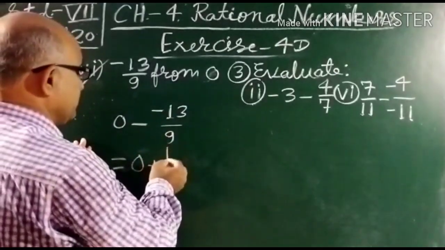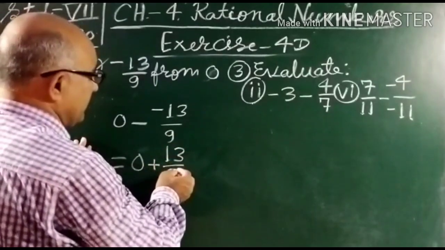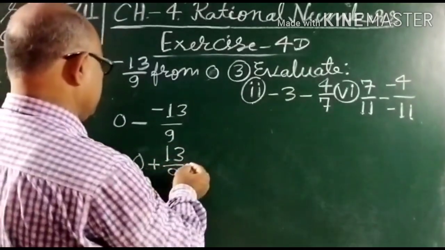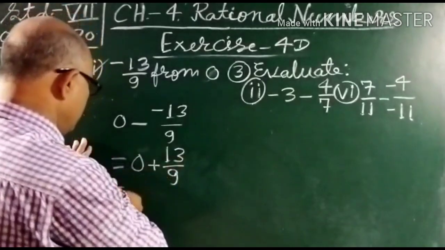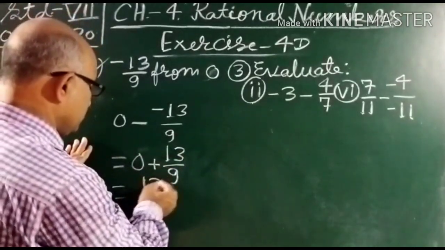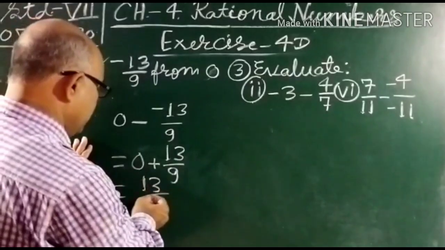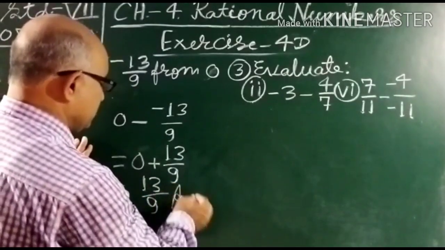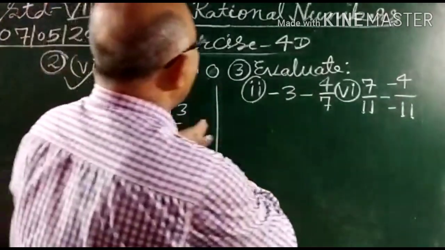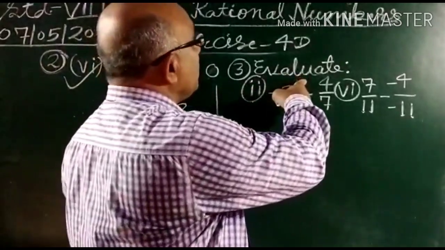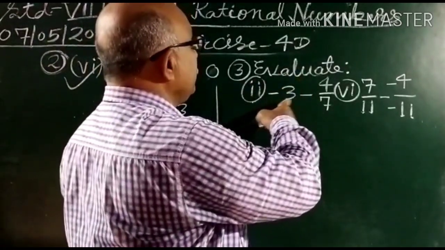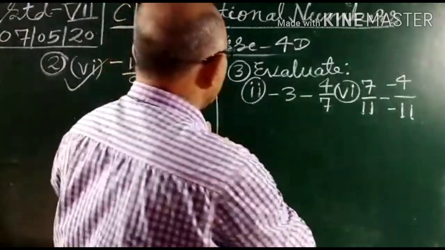So 0 plus 13 by 9 equal to 13 by 9, answer.